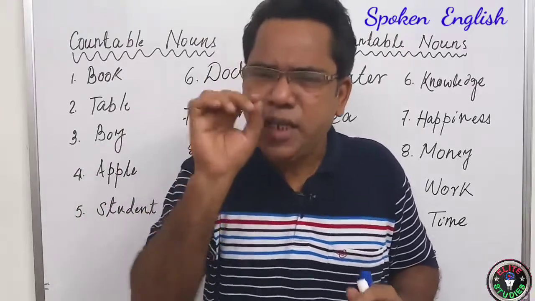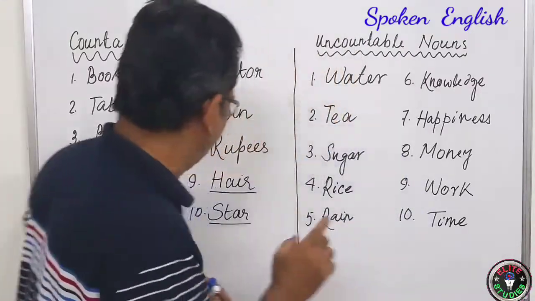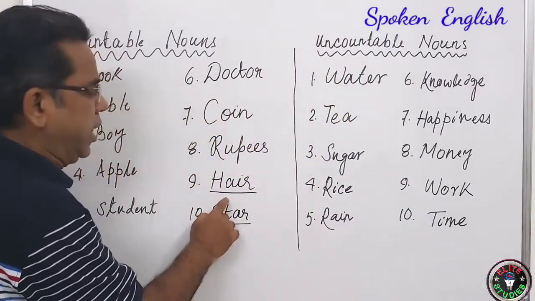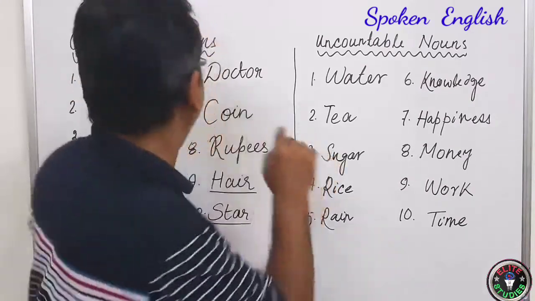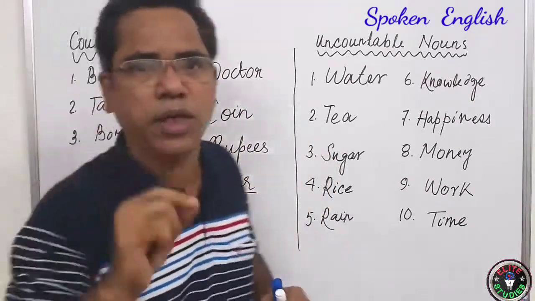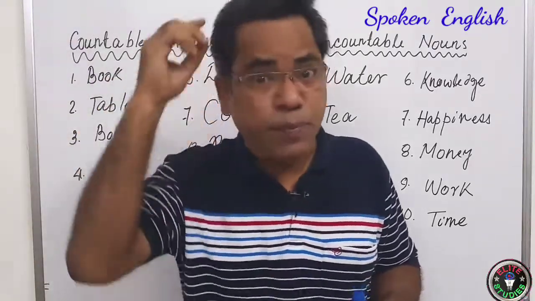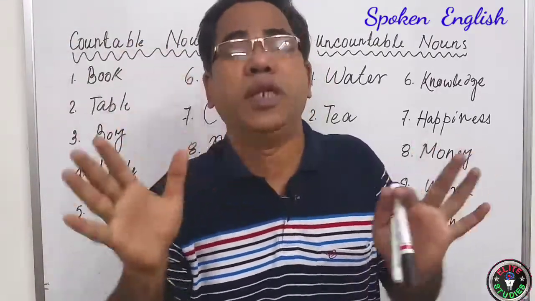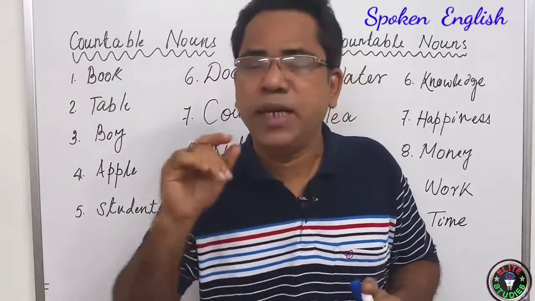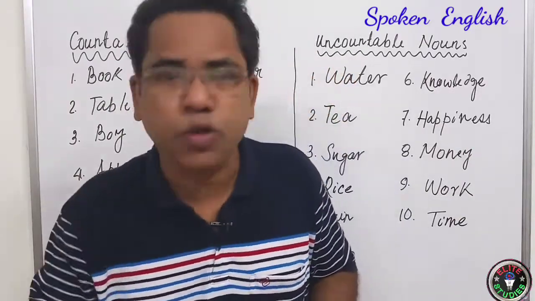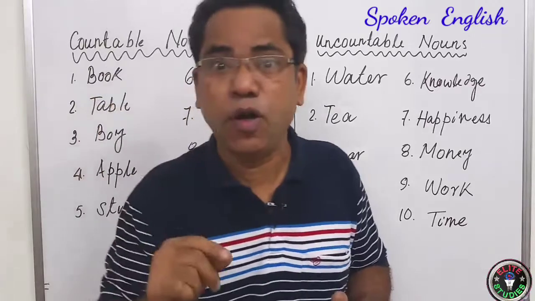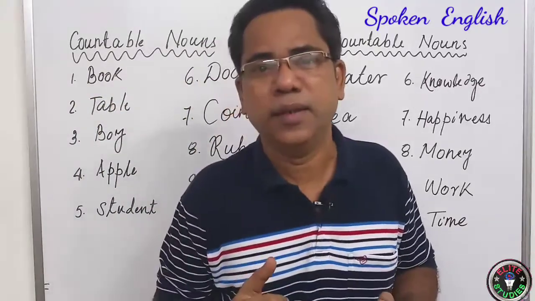But yes, there are some areas where we should be careful. We use a hair. Hair comes under a countable noun, though we never count as 5, 6, 7,000. Now we can count, but we don't count, isn't it? But suppose while eating, if you get 2 or 3 hairs, you can say, I have got 2 hairs in my food.